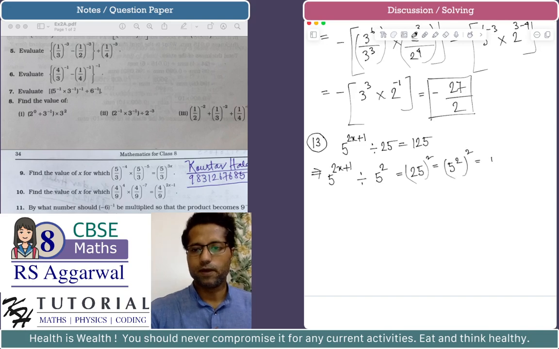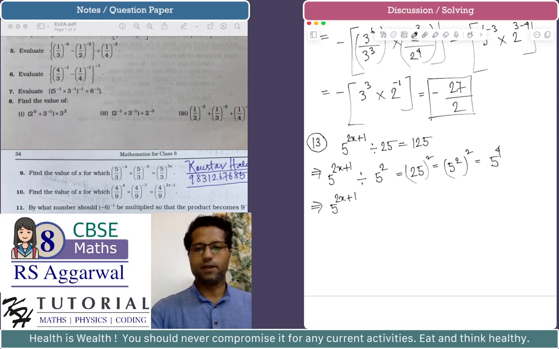This is equal to 5 to the power 4. Okay, so this implies 5 raised to the power 2x plus 1 divided by 5 square, which means multiplied by the reciprocal of 5 square, that is 1 by 5 square, is equal to 5 raised to the power 4.